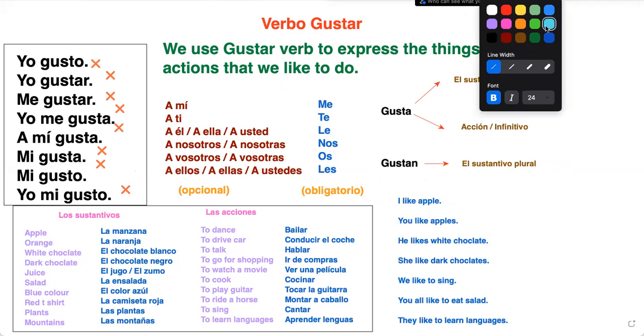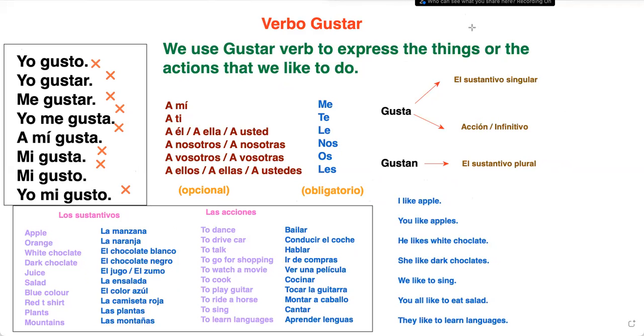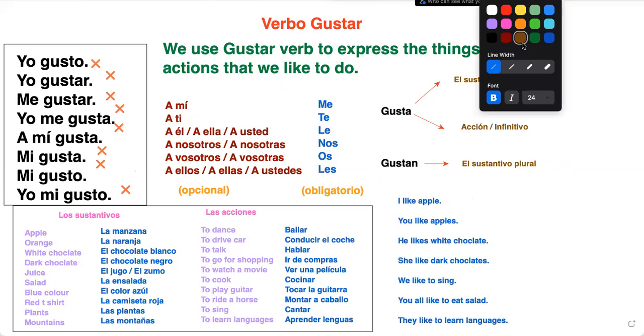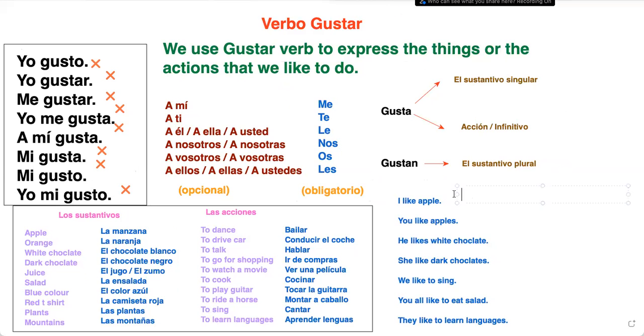So I like, how would I write? If we look here, a mí me. A mí me. So there are two possibilities. Either I will use gusta or gustan. Where do we use gustan?